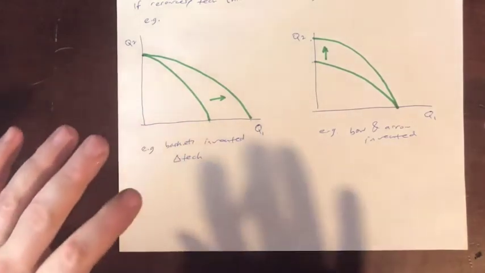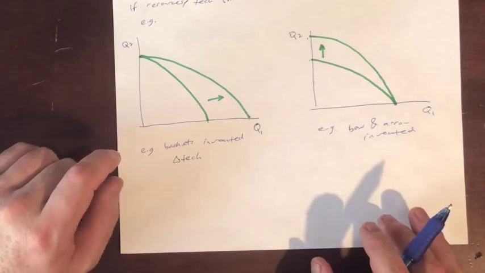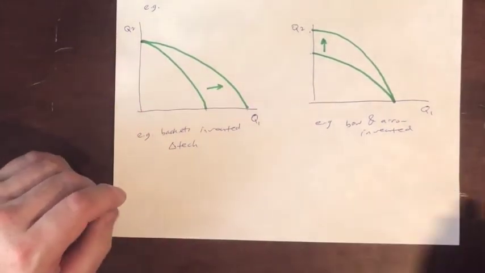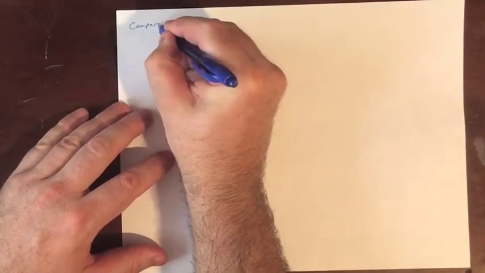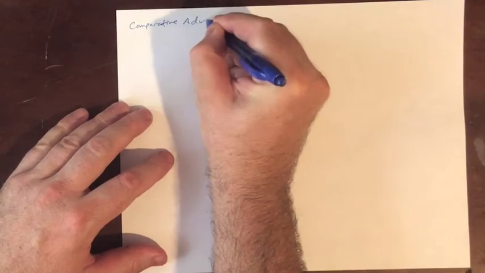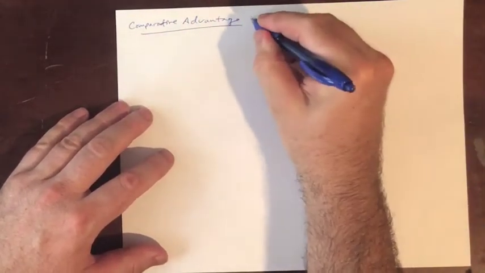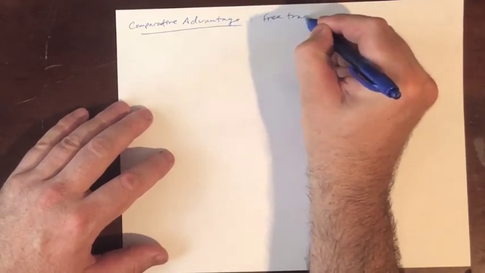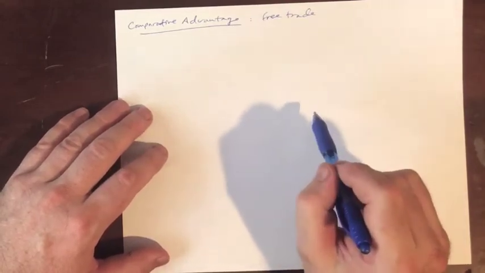Now, the production possibility frontier has also been used to provide a justification for trade, and particularly for free trade. This is called the theory of comparative advantage. It's an argument used in favor of free trade.